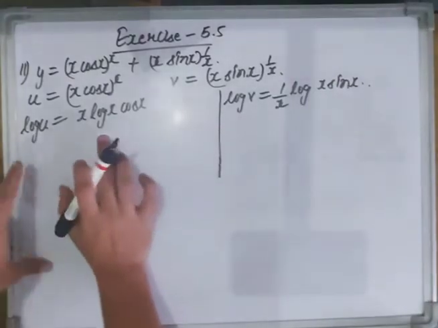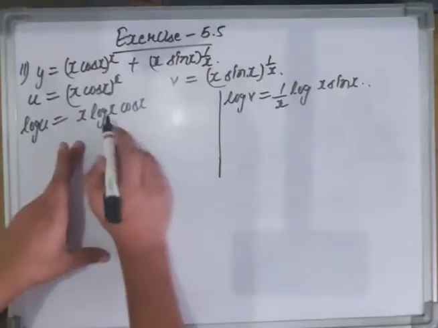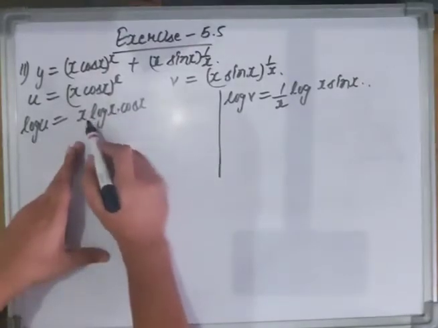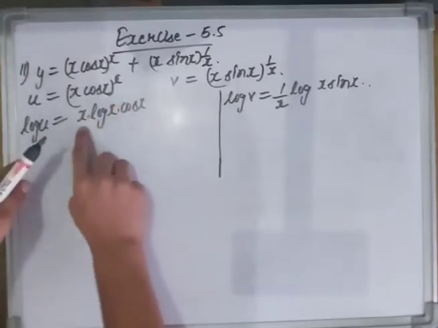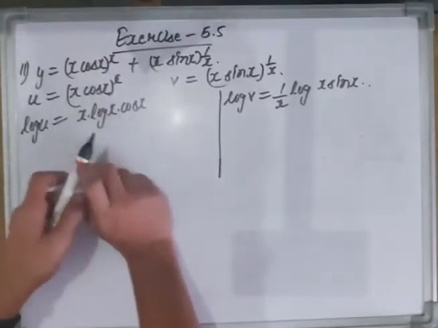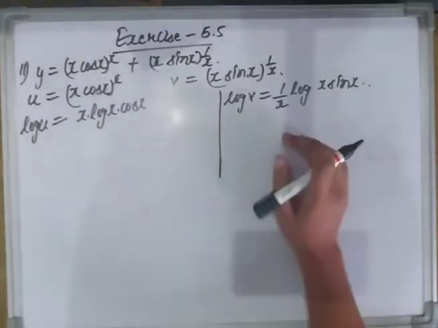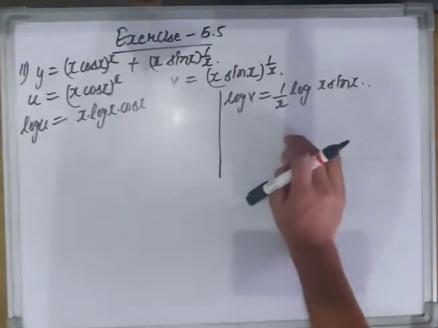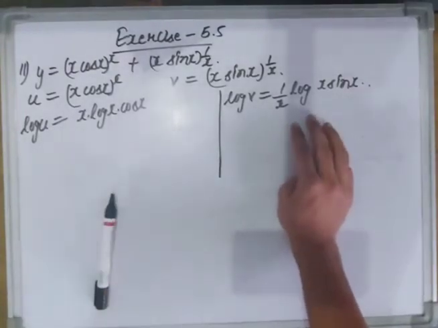Now differentiating this function, we need to apply here product rule in between these three. These are the three different functions: x, log x, cos x. Students, don't make mistake of taking this as one function. In log v the same here, three functions are also there.